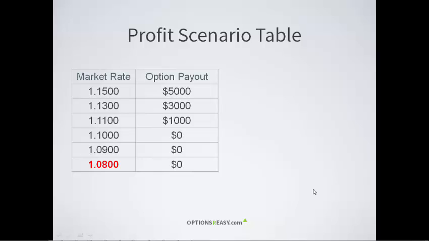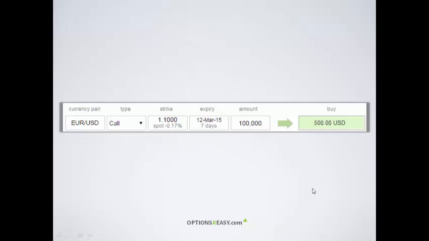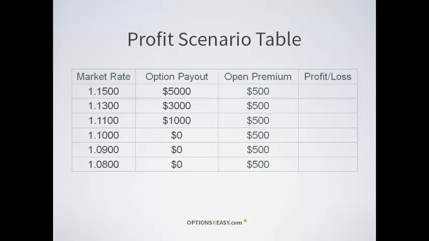But how do we work out the overall profit or loss? Well, this entirely depends on how much you paid for the option in the first place. So if we go back and look at the option trade, you can see that it cost $500 to buy this option. So if I add this to our table, which is the third column here, called Open Premium, with this information we can calculate the profit or loss.